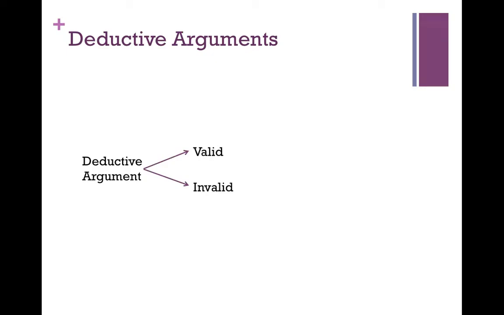Well, let me just represent this very quickly visually. So we have a deductive argument. It can be either valid or invalid. If it's valid and has true premises, then it's sound. If it's invalid, I'm sorry, got a little ahead of myself. If it's valid and has false premises, then it's unsound. And if it's invalid, it's always unsound.